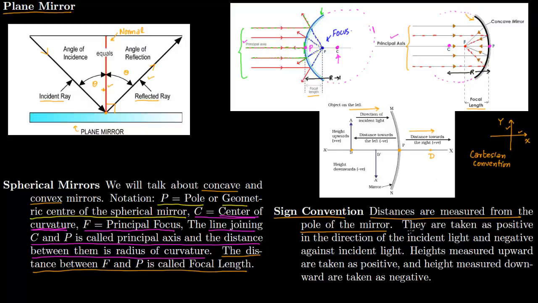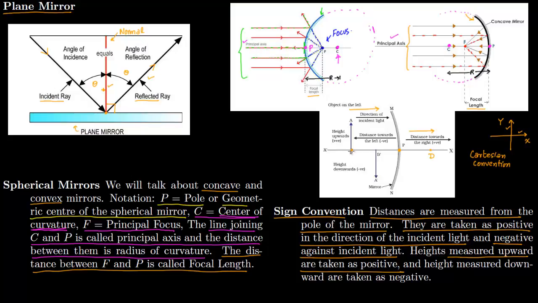Again, distance is taken as positive in the direction of the incident light and negative against the incident light. And the height measured upward is taken as positive.